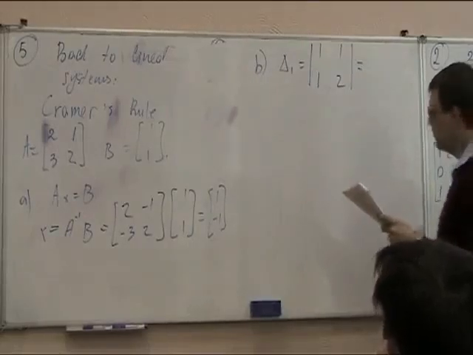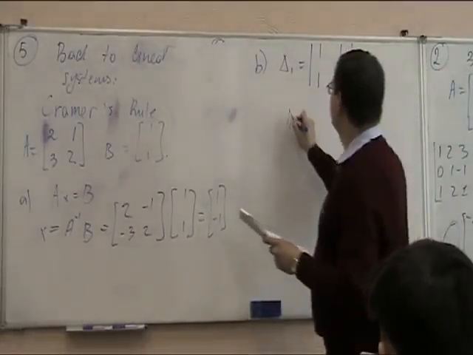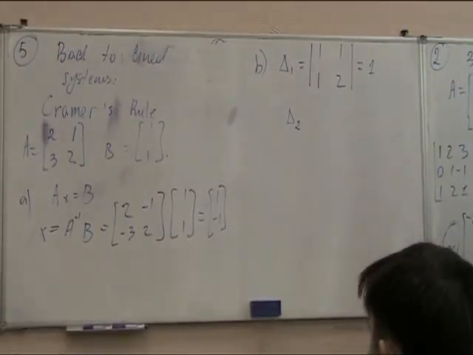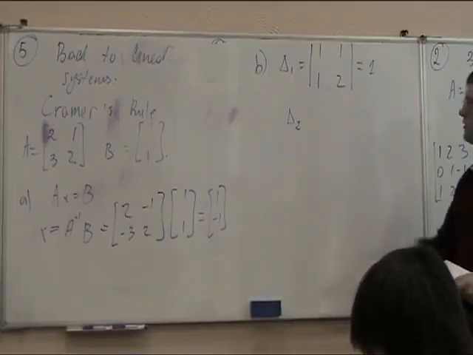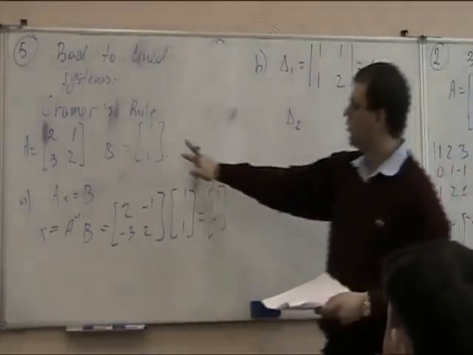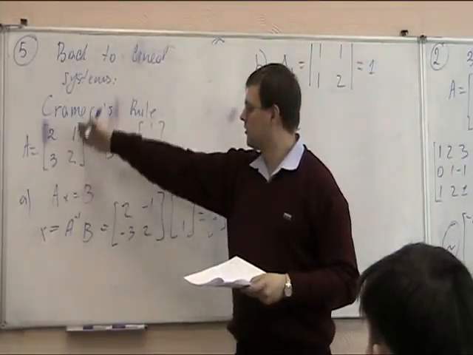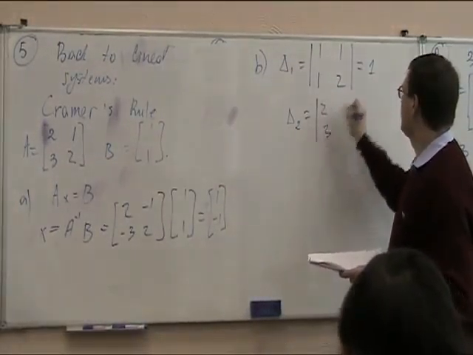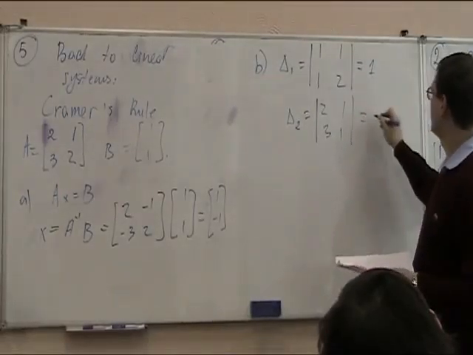So this one is equal to 1. The second determinant, we can call this auxiliary determinant, but again, this is another fancy term that you don't have to remember, it's just some other determinant. We put this column instead of this column in the matrix, so this one is 2, 3, 1, 1. This one is equal to negative 1.